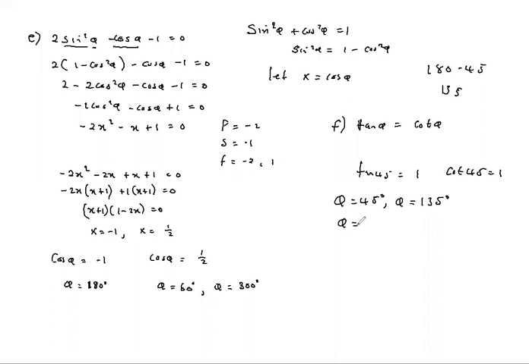Then you go to the third quadrant where you get 225. And again you go in the other quadrant where you get 315. So these are your angles respectively in each quadrant. So this was question 10.